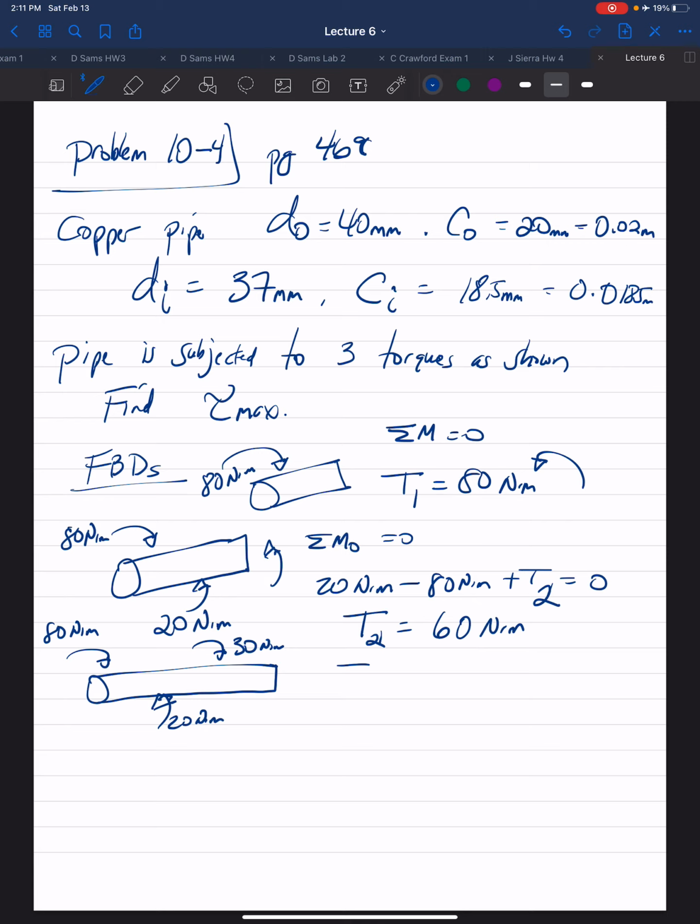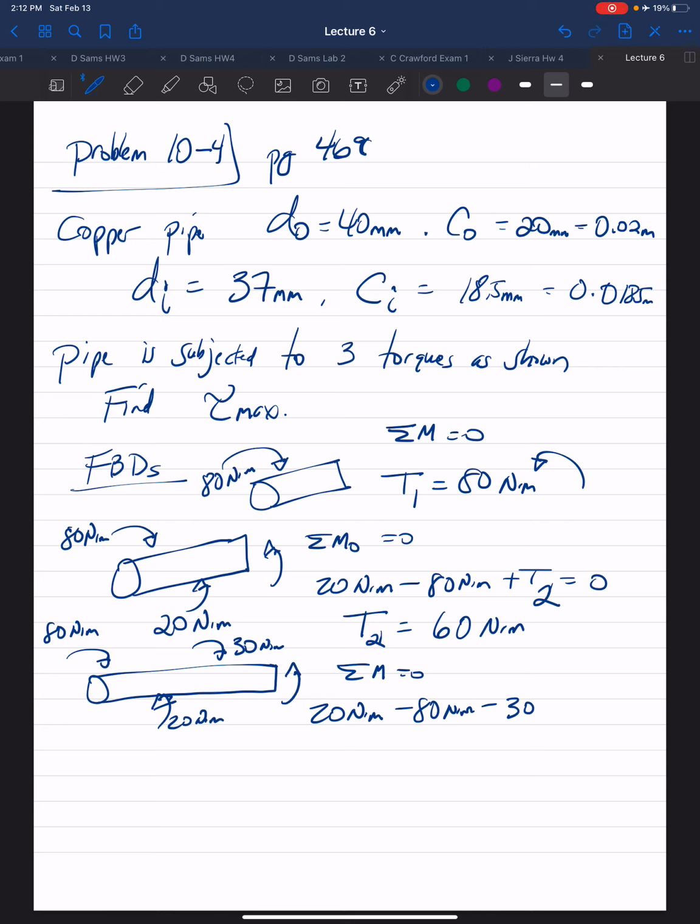So here, this will be our 20 newton meters minus 80 newton meters minus 30 newton meters.